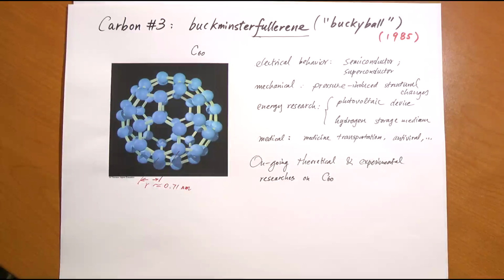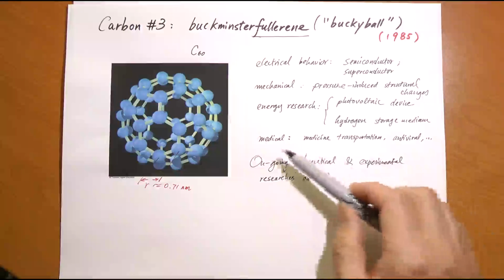You don't want to use liquid hydrogen because it's explosive, and you do not want to use hydrogen gas because you don't have a whole lot of hydrogen concentrated in the same spot. So fuel cells that can power future cars with zero emission would require a medium that can store a lot of hydrogen in a very compact region, and buckyball would be a good candidate for that as well.